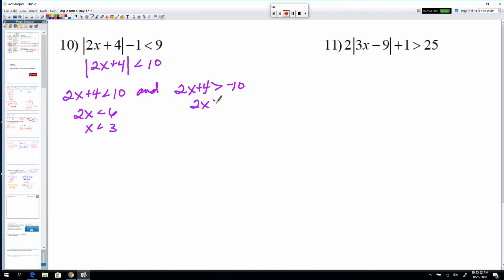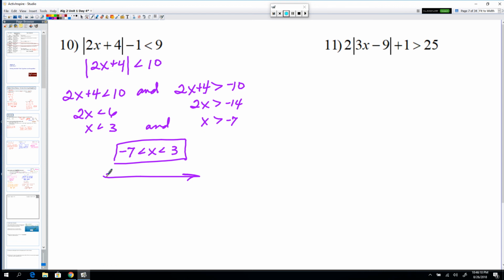Subtract 4 from both sides. Divide by 2. This is an and. Proper notation would be -7 is less than x, and x is less than 3. That's the proper notation on that. And of course it looks like a sandwich. -7 and 3. And again, we were expecting a sandwich because it's an and.